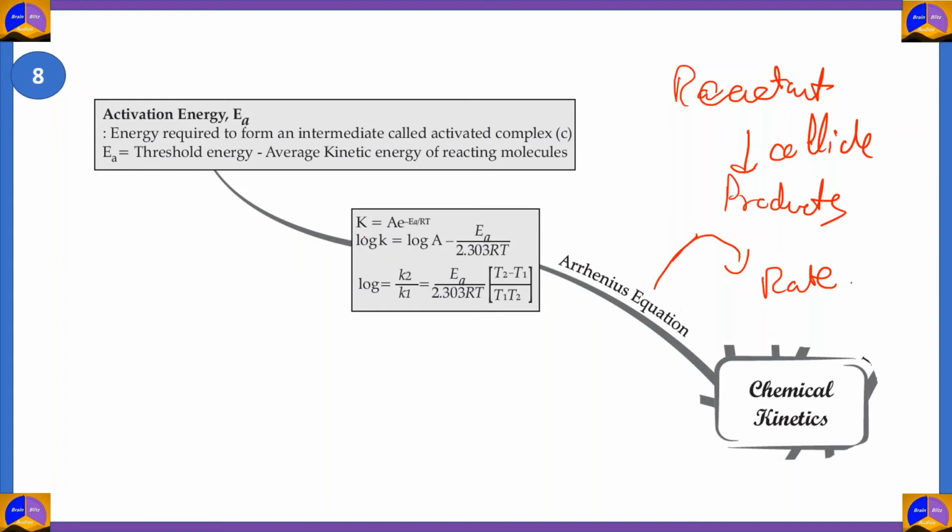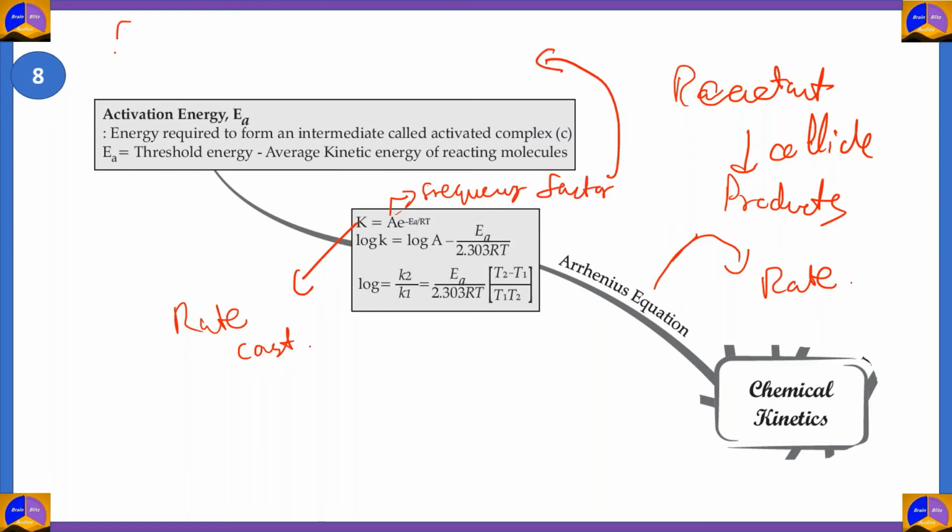The formula for this is K is equal to A e raised to minus EA divided by RT. K is the rate constant. A is referred to as the frequency factor. What this means is the frequency of collisions of the reactants.